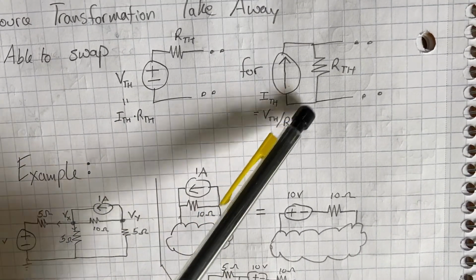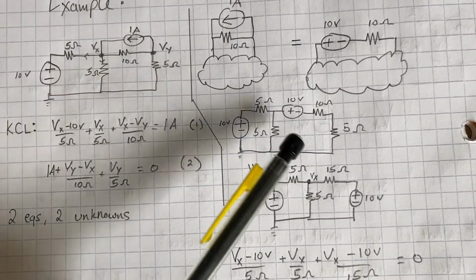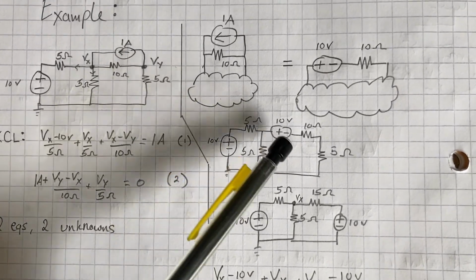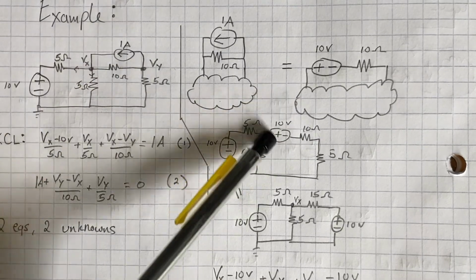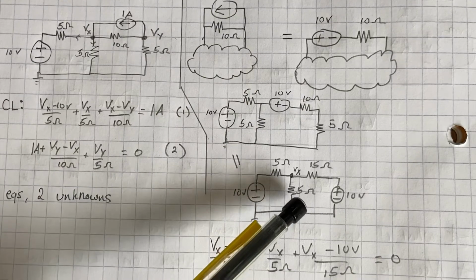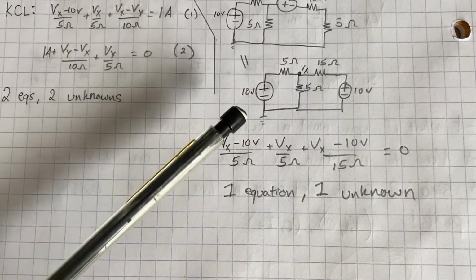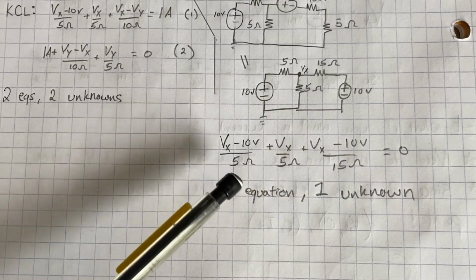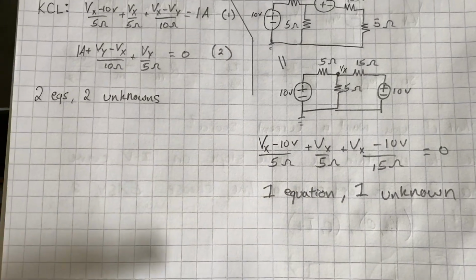And the resistance stays the same for the source transformation. So if we were actually just subbing this back in here, we can write it like this now. Just notice we've swapped this out for this and combined some resistances and whatnot. And now we're left with just one node that's unknown. And we can totally solve this whole circuit with just one equation and one unknown. So it really simplifies your life to do source transformations.